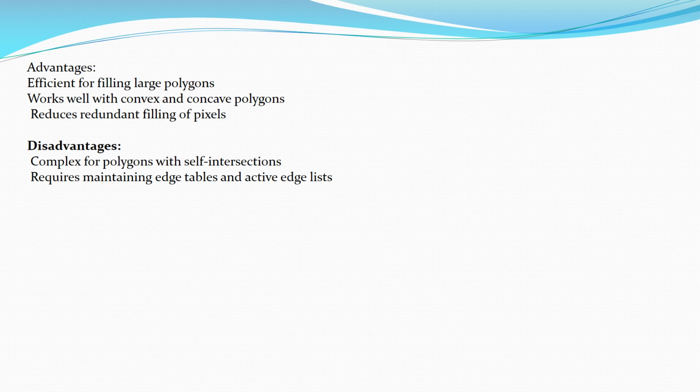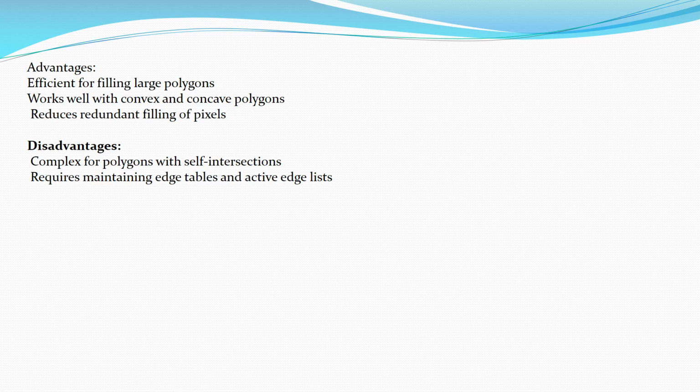Then it works well with convex and concave polygons, because we are intersecting with the vertex. We just have to count the vertex twice, and it reduces redundant filling of pixels. As you see in seed fill, it will not be redundant anything. Because it scans the line by intersecting it, it will fill the whole line of pixels at once.